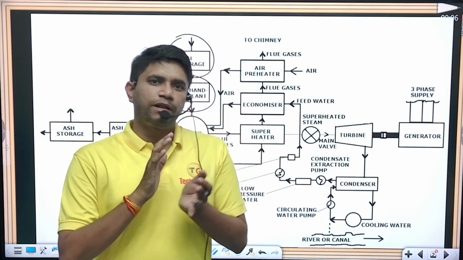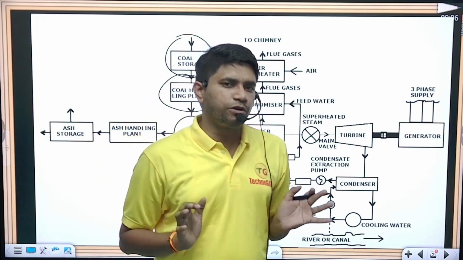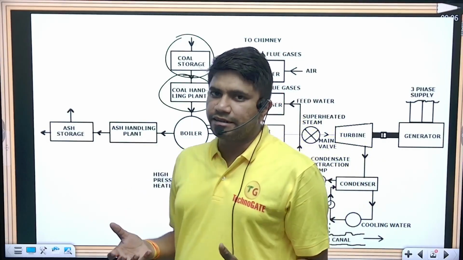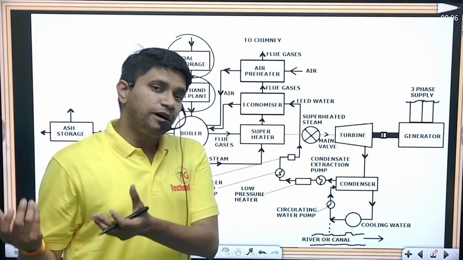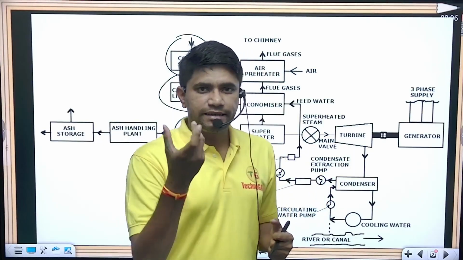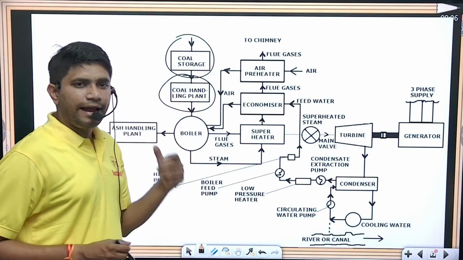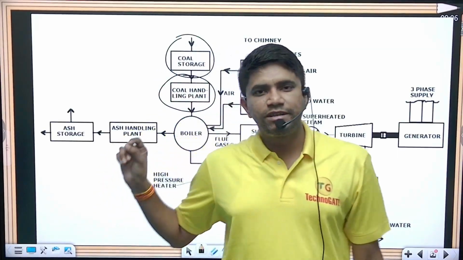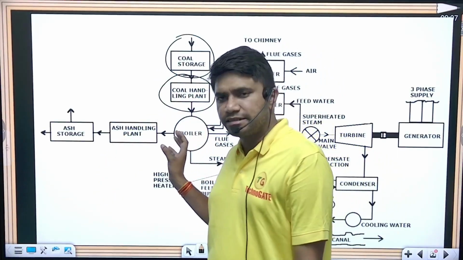So you have to pulverize that particular coal. You have to crush the coal into multiple particles, in order to provide more heat. Yes or no? So this is the coal handling plant. The coal handling plant consists of multiple stages. We will be studying all those stages in this classroom.